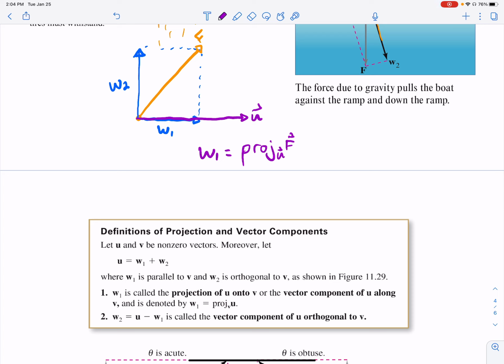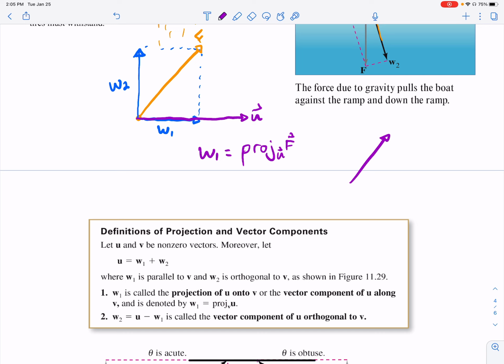So let U and V be non-zero vectors. So we know that U is equal to W1 plus W2, where W1 is parallel to V, and W2 is orthogonal to V. So that would be if I had V, right?